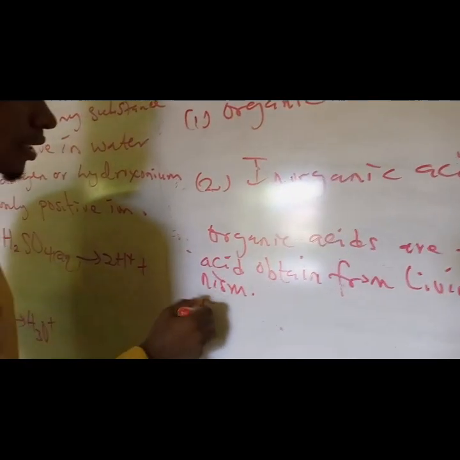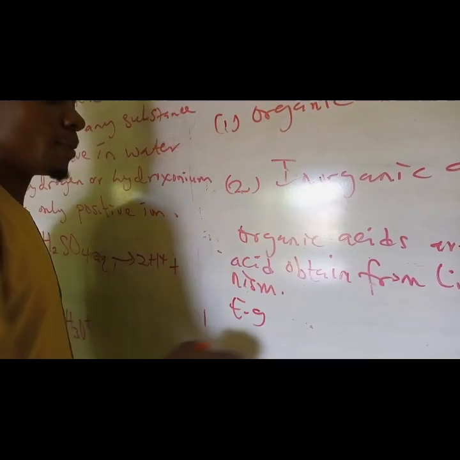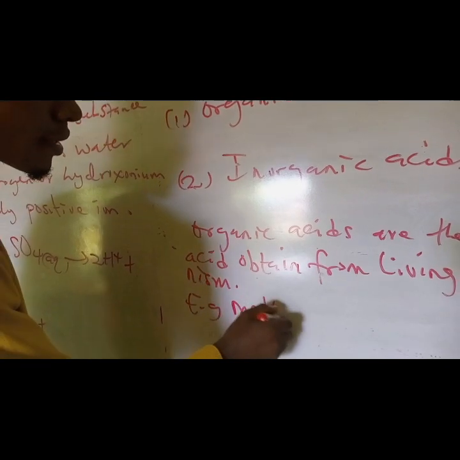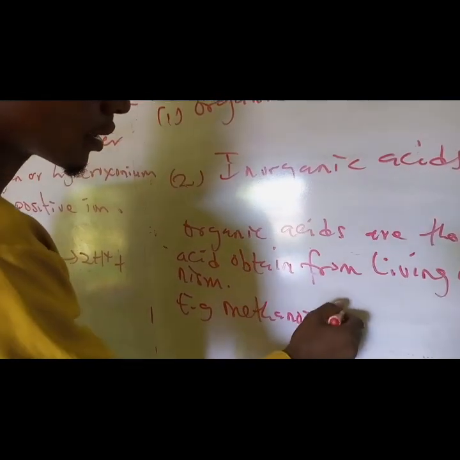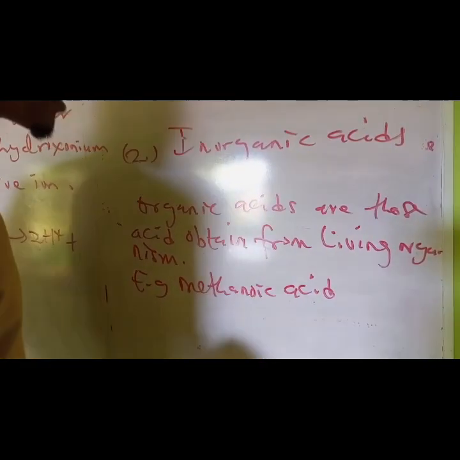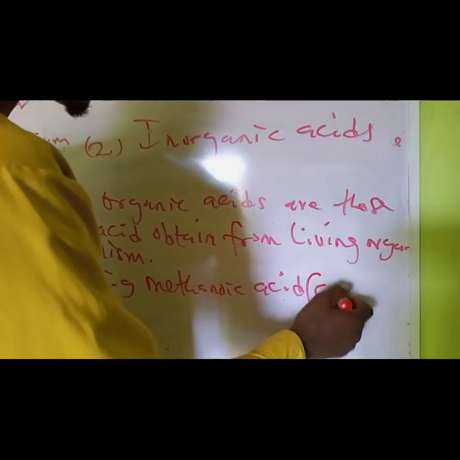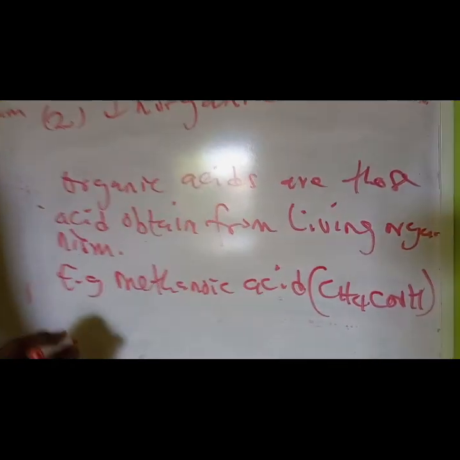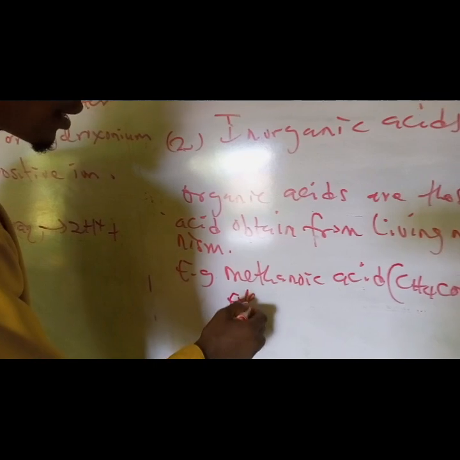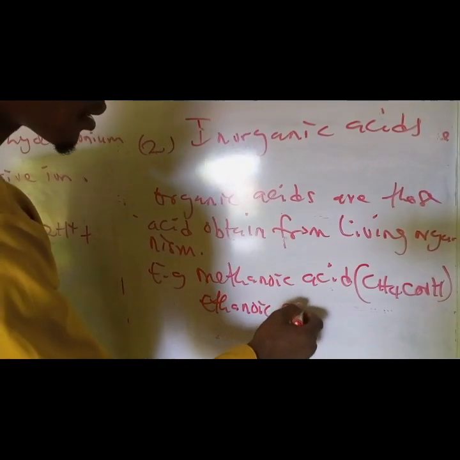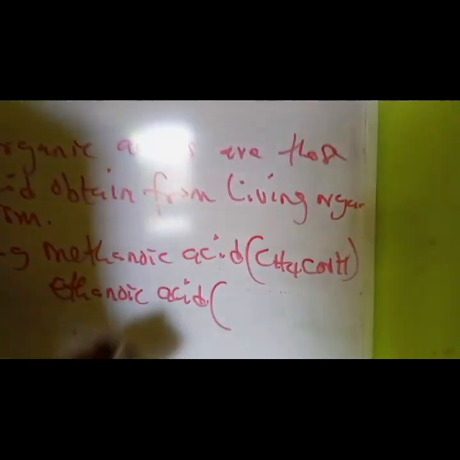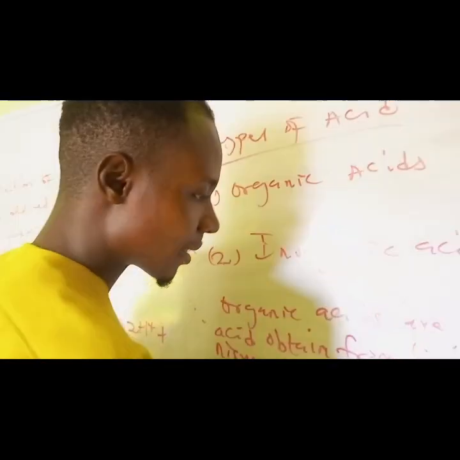Take for example, the key example of organic acid we are going to mention is methanoic acid. Methanoic acid can be written as HCOOH. Another good example of organic acid is ethanoic acid. Students, the formulas are very expedient, but these are the things that make up that compound.